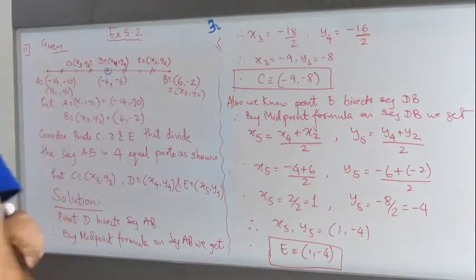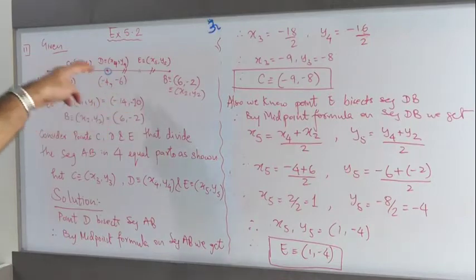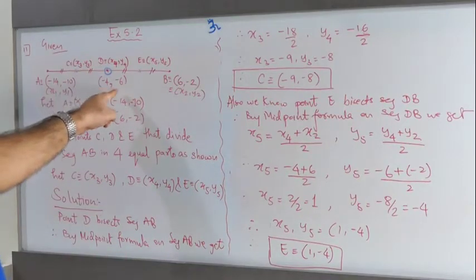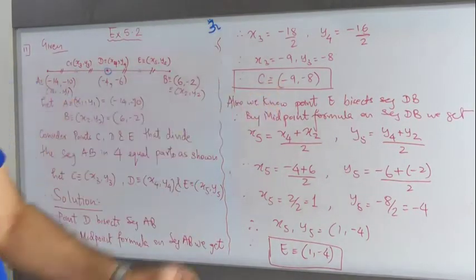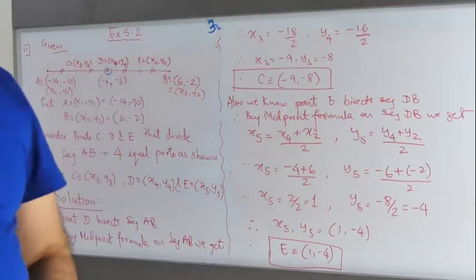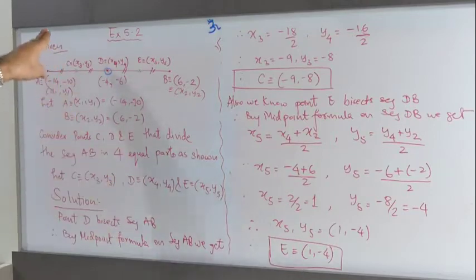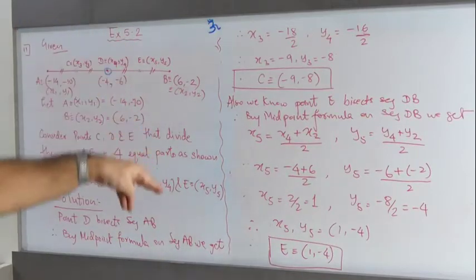Alright. So you got D, you got C, you got E, and then you will write your final answer. What will you say? Points minus 4 comma minus 6, minus 9 comma minus 8, and 1 comma minus 4 divide the segment. You will write it in ascending order. First the value of C, then D, and then E. That's how you will write.